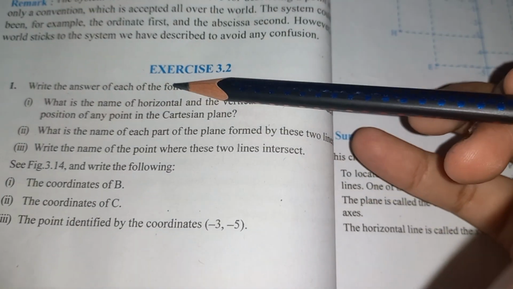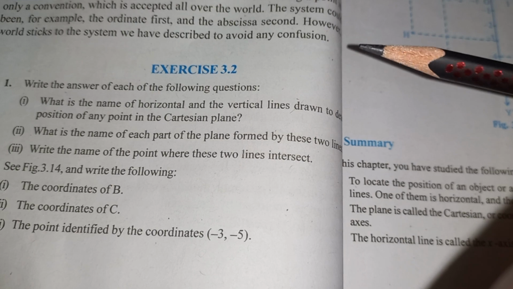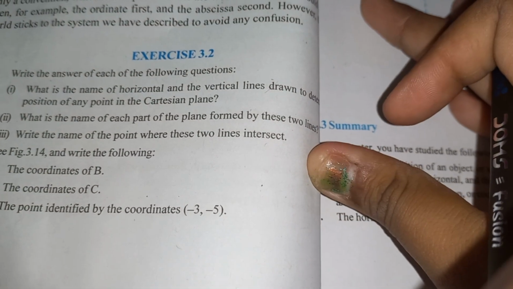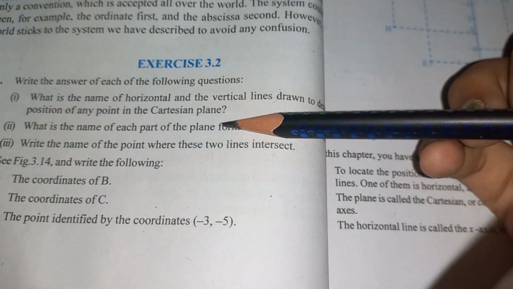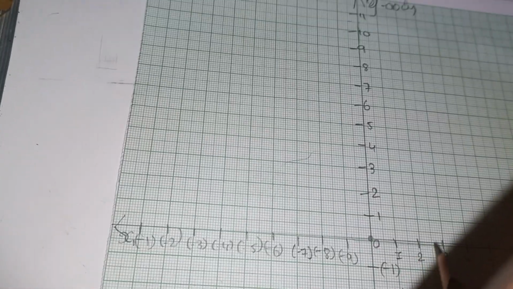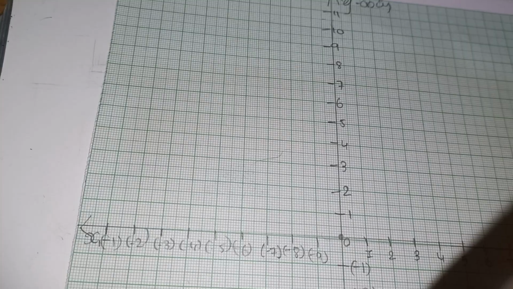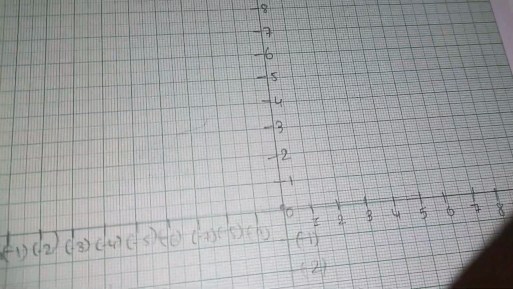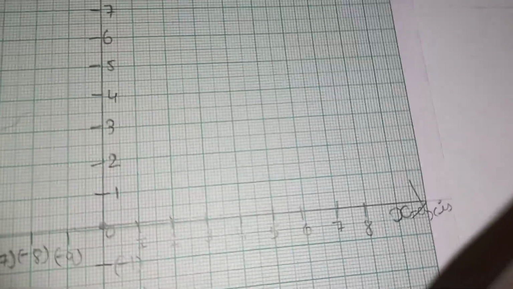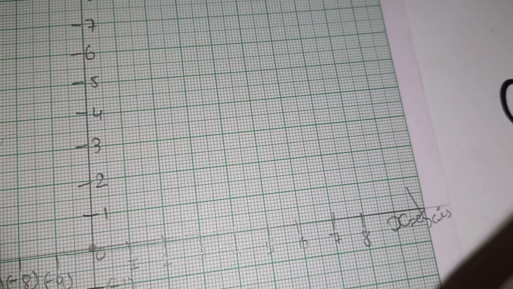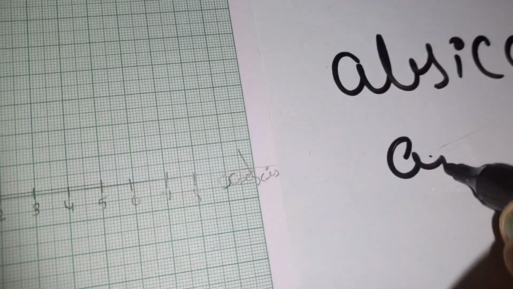Exercise 3.2. What is the name of the horizontal and vertical lines drawn to describe the position of any point in the Cartesian plane? The horizontal line and vertical line on the Cartesian plane are known as the abscissa and ordinate.